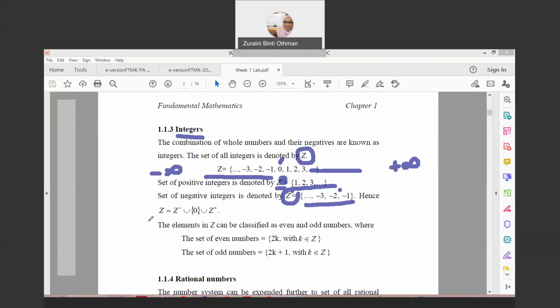Dan bila kita kata dia ialah integer, is including Z negatif union kosong, termasuk kosong union integer positif. Faham ya? Okay, in the integer number we can classify as even and odd number.